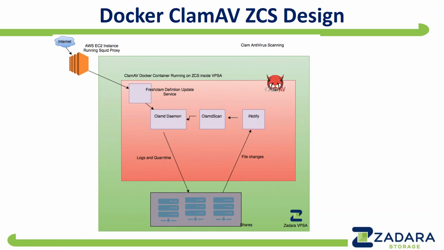In the Docker container that we built, we put together an SSH server on board, so you can SSH into the Docker container, and on top of administratively looking at what's going on under the hood, you also have the ability to run clamdscan or clamscan directly against the shared file system, so that you can run a pre-scan against everything before you let iNotify take over and monitor for changes. That's pretty cool.